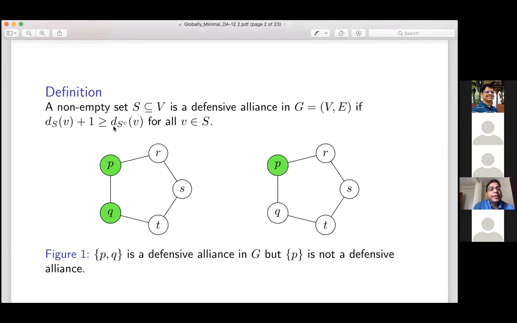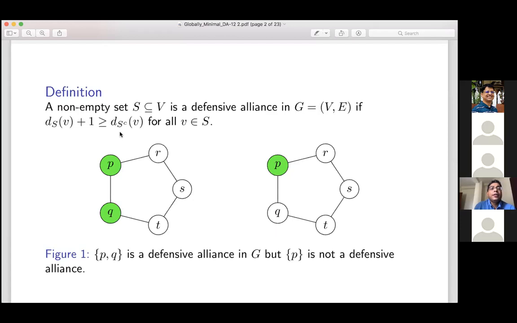So a non-empty set S is a defensive alliance in graph G if this condition is true for every vertex in S. So what is this condition? This is the degree of the vertex V in the set S plus 1.